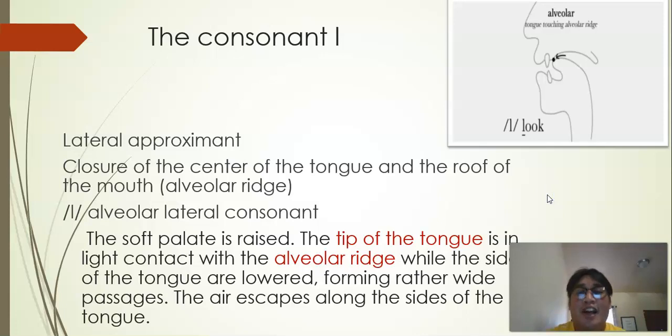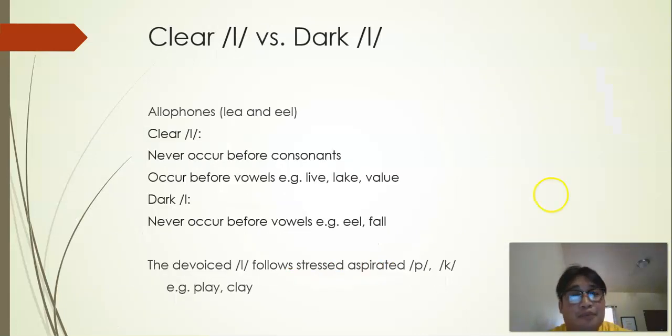The consonant L. Like the man was mentioning, it is a lateral approximant, meaning that the air escapes on the sides, with closure between the center of the tongue and the roof of the mouth. Now, one thing about the L consonant is that it has two forms, a dark L and a clear L. They are allophones, meaning that they are two different sounds, like in the words lee and eel.